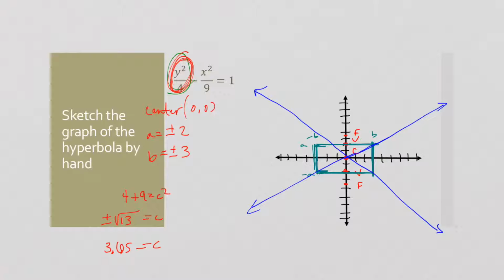So once I have my box and I have my asymptotes in place, I go to my vertex and I sketch my graph out following along my asymptotes. And there's the graph of my hyperbola.